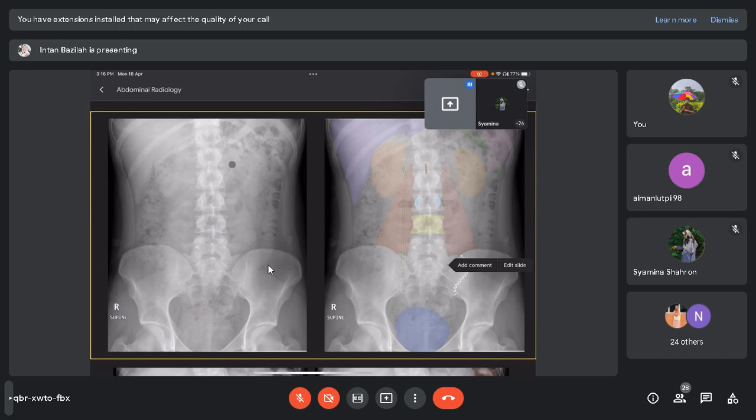But if you can't see the margin, if it is obliterated, and with the right clinical indication, for example looking for a psoas abscess, it might indicate there is some collection over here, or it can be ascites because of the presence of fluid. That's why you can't see the psoas margin. And this is actually the skin.